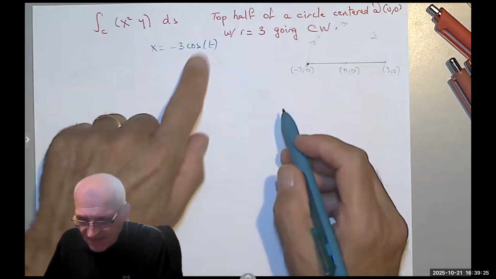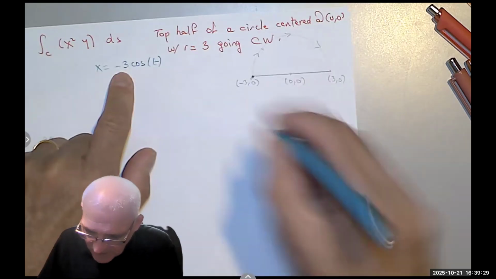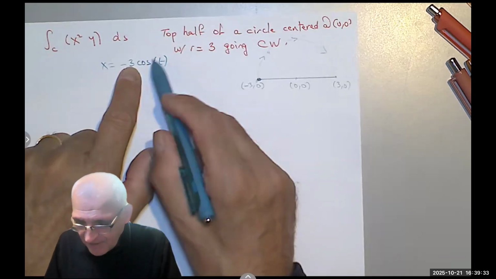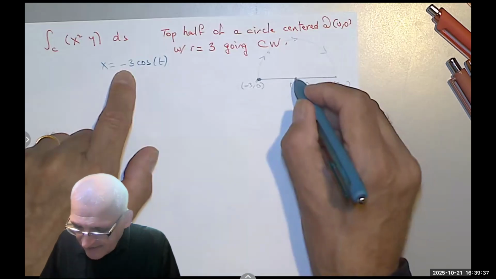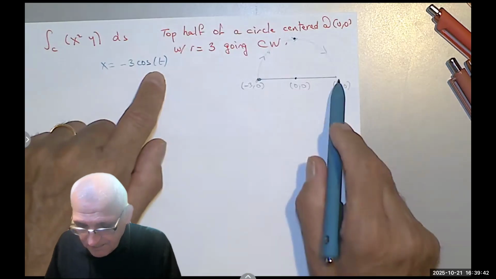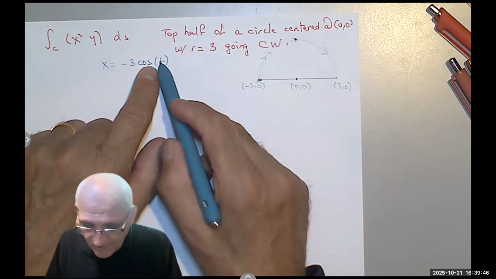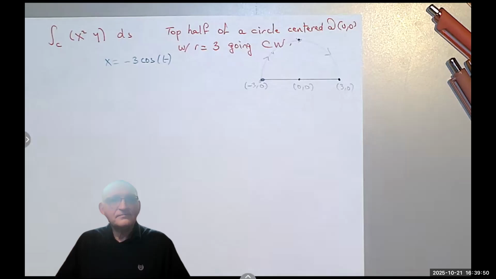So when t is 0, I get cosine 0 is 1 times -3, so I am here. When t is pi/2, cosine pi/2 is 0, so 0 times -3 is 0, and my x really would be 0. And then when I get to pi, cosine pi is -1, but -1 times -3 is +3, so I get here.